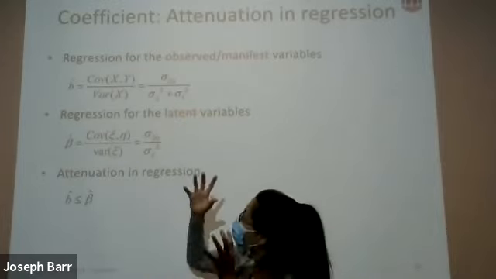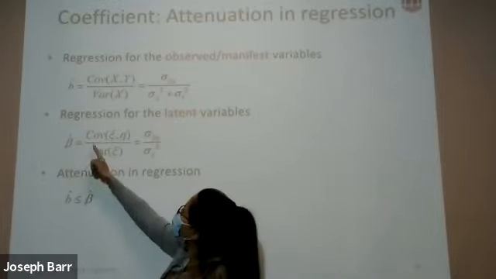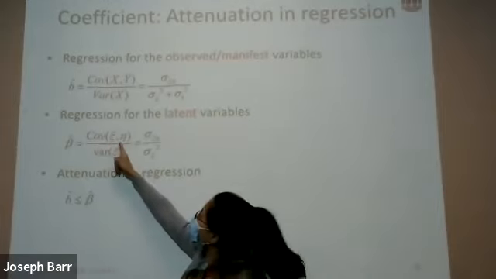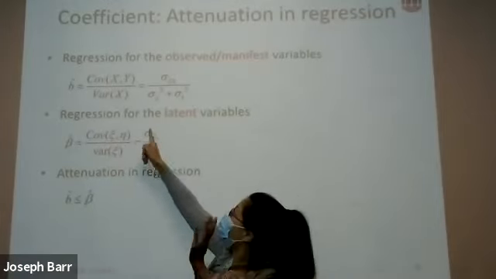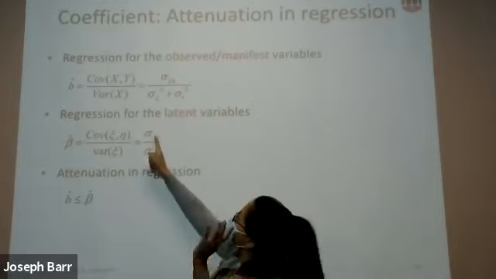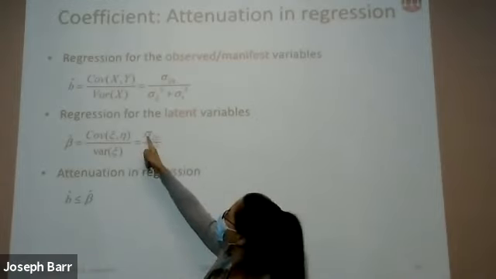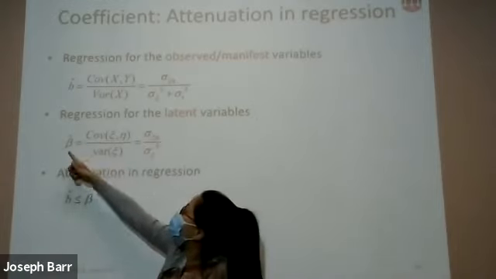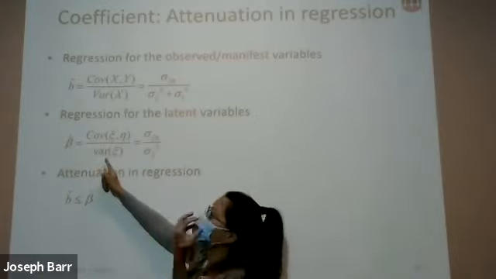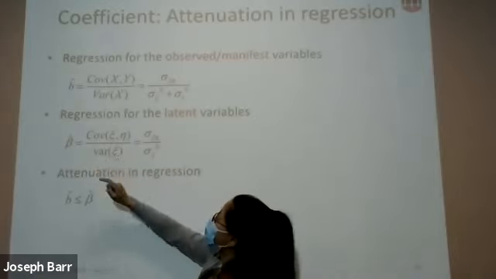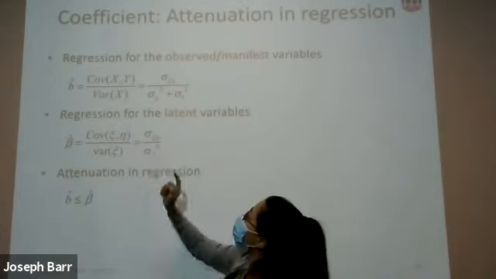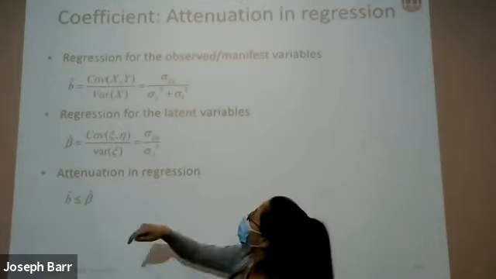But the true score version is described here: the covariance between C and eta. The top part is the same, sigma between eta and C. This is the variance part, but we need to use the variance of the true value of X, which is sigma squared for C.